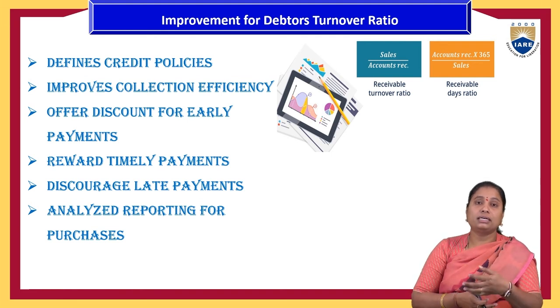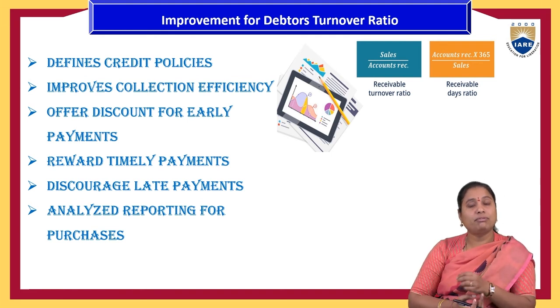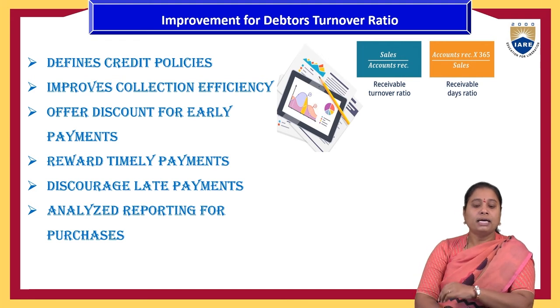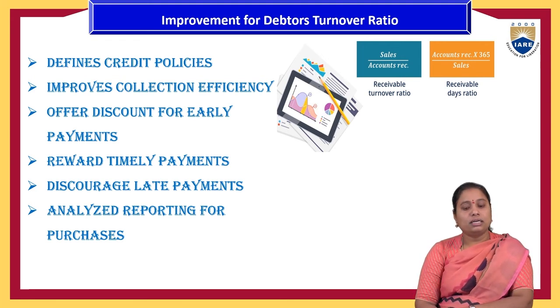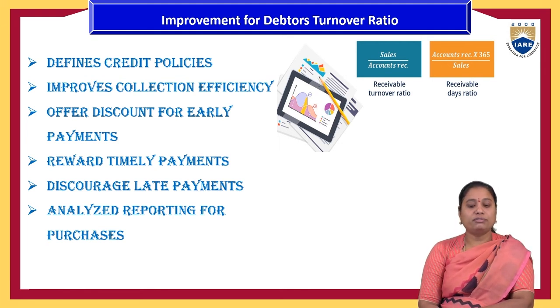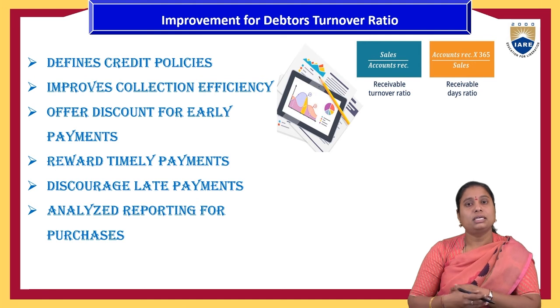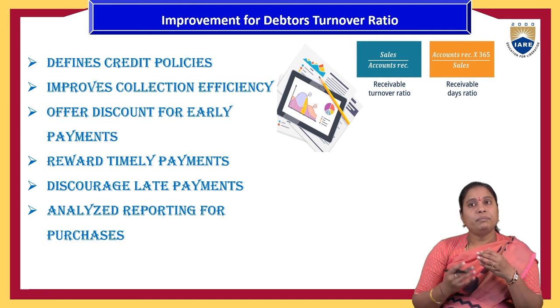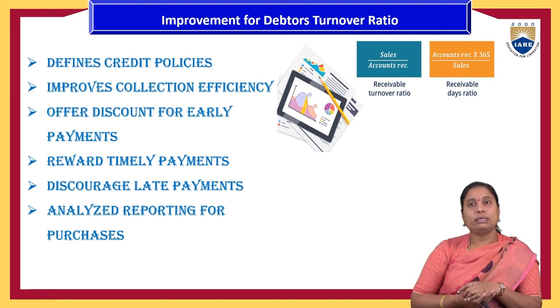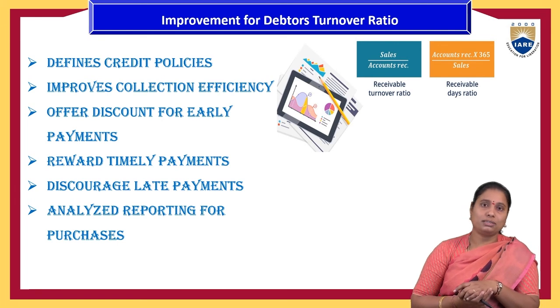If they pay early, some discounts, rebates or rewards for timely payments, and discourage late payments with penalties, and report the purchases after analyzing them, so that next time, or with the next seller, they should not do like this. All these are improvements for the debtors turnover ratio.